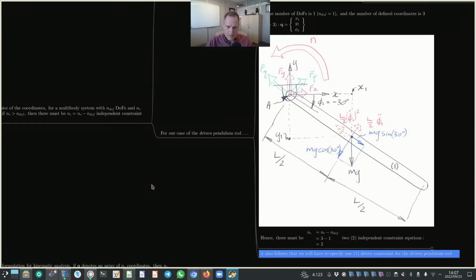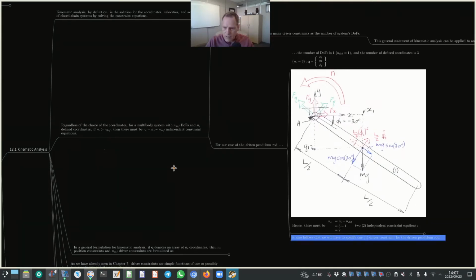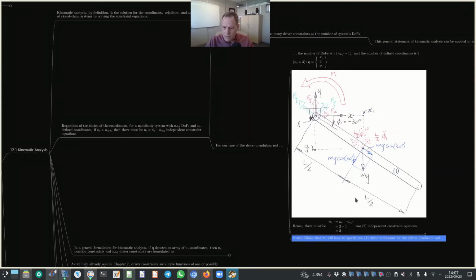Just to recap again, we've got 1 degree of freedom, 3 coordinates, 2 independent constraint equations, and we need to specify a single driver constraint for the driven pendulum.